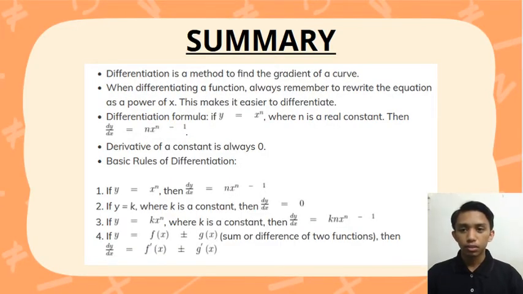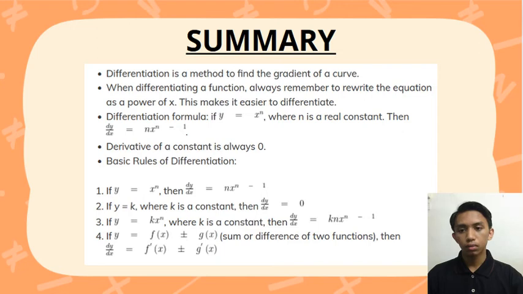Summary. Differentiation is a method to find the gradient of a curve. When differentiating a function, always remember to rewrite the equation as a power of x. This makes it easier to differentiate. The differentiation formula is: if y equals x to the power n, where n is a real constant, then dy over dx equals n x to the power n minus 1.